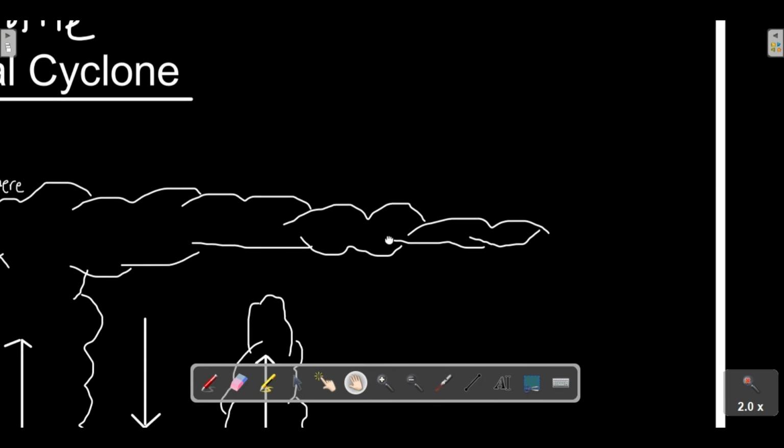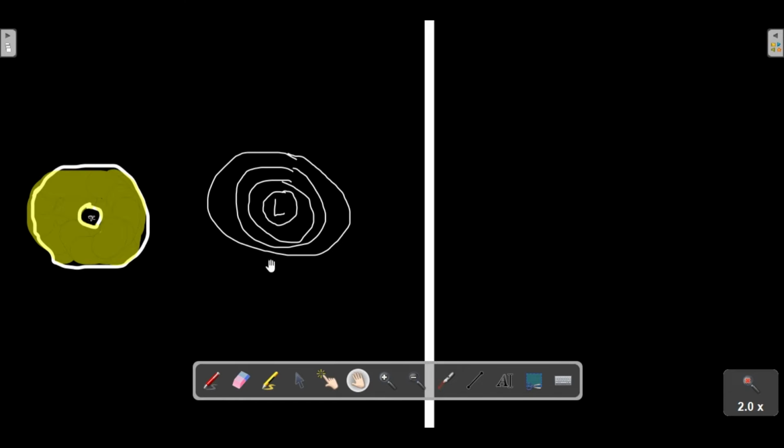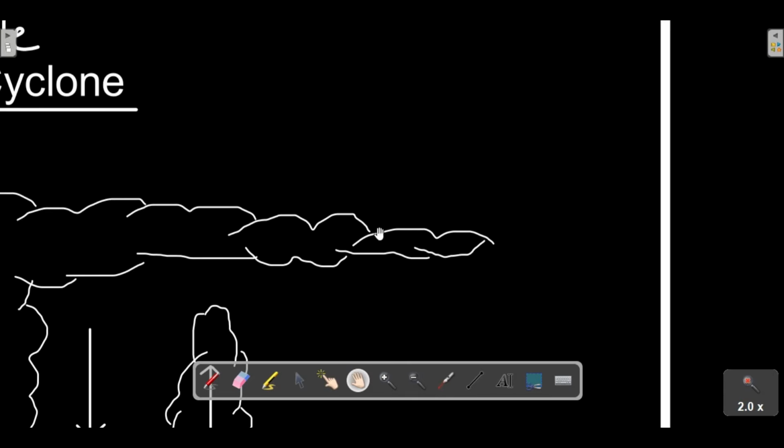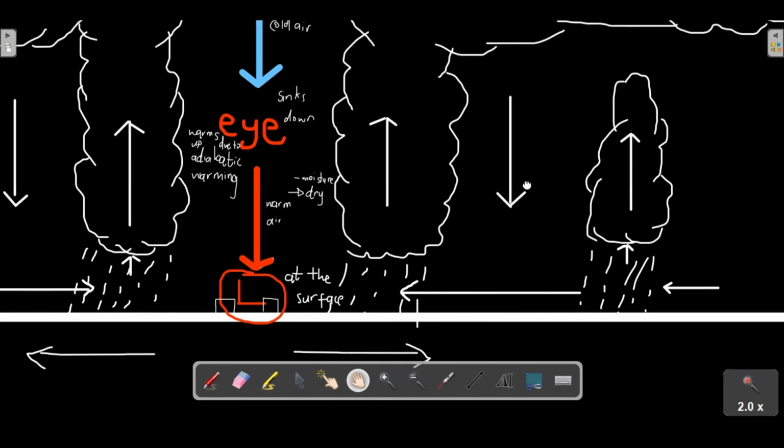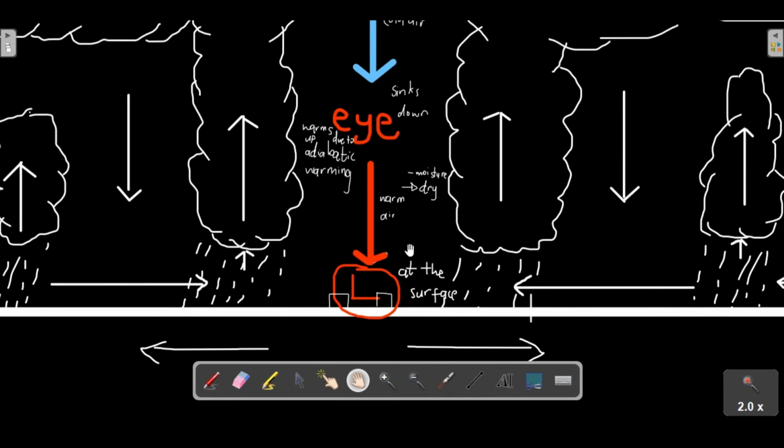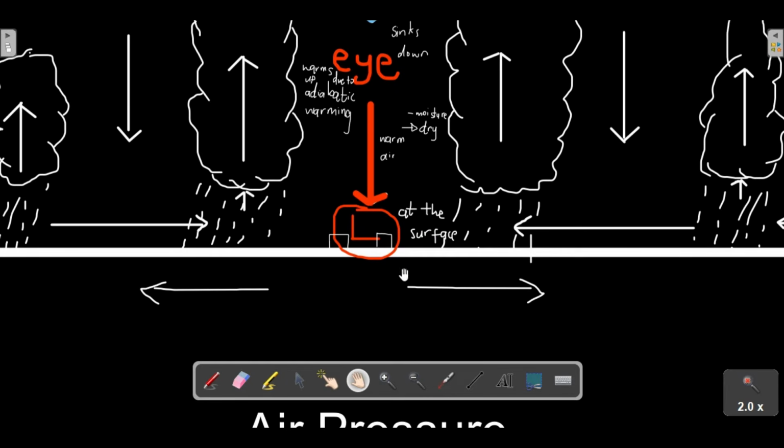Okay, so again we go back here. If I'm moving away from this, I'm moving towards relatively higher pressure areas. And we know that high pressure is always associated with cold air, so it gets colder and colder and colder as you move away from the eye.